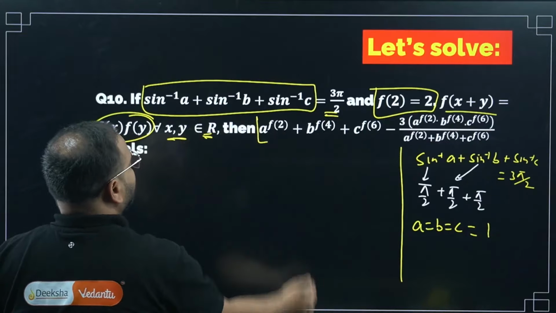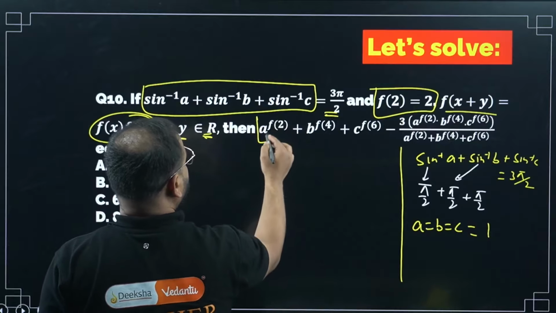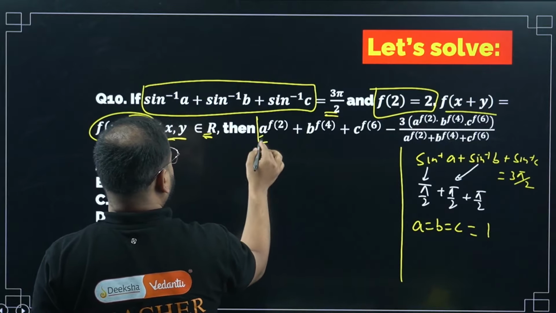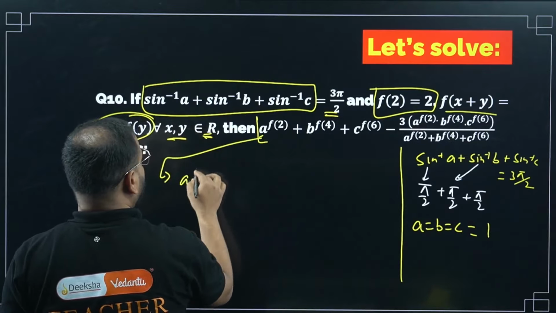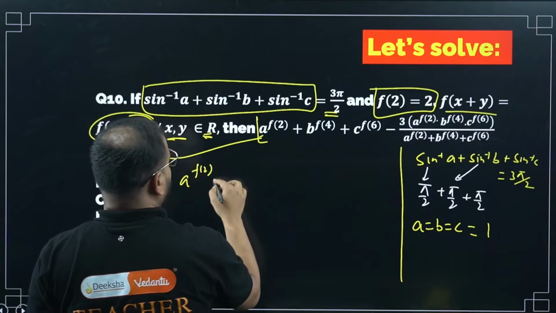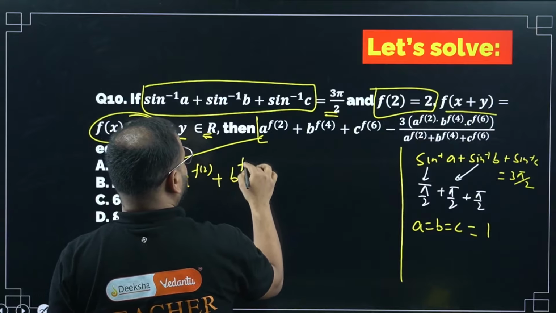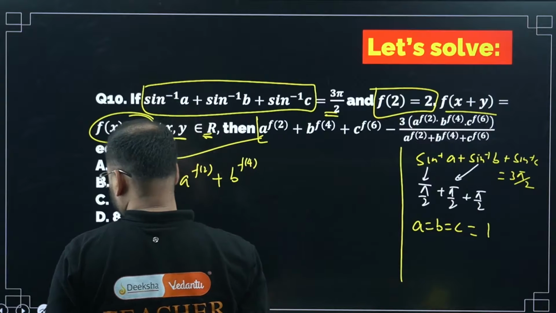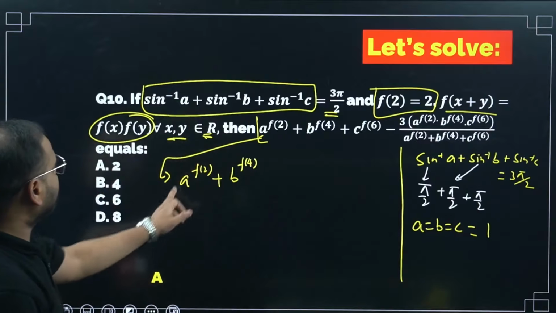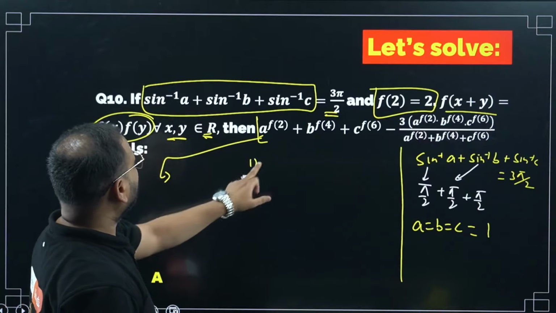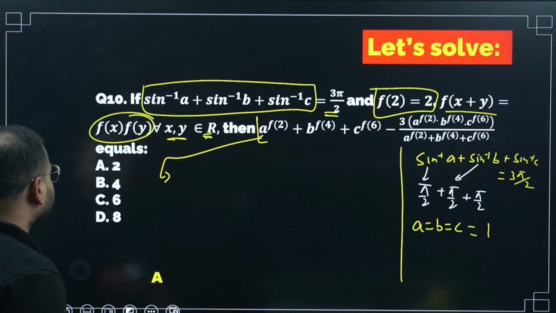Now check out this part, A power something. I'll write this for you: A power f2 plus B power f4, like this. So it's given like this. This is a bigger expression, so let me write it in the form of 1 only.